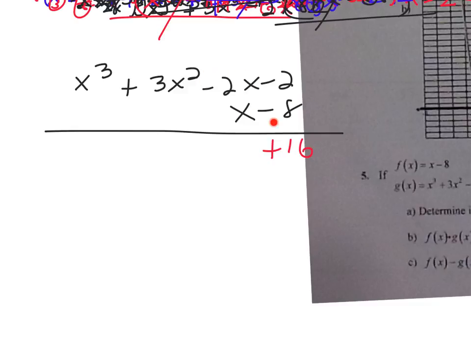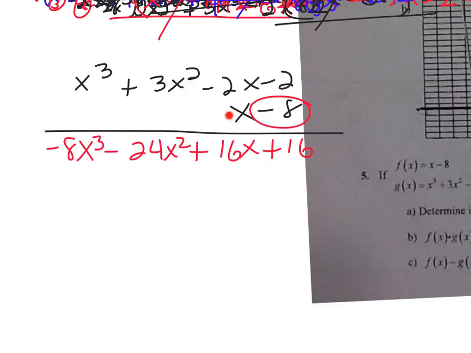Negative 8 times negative 2x is positive 16x. Negative 8 times positive 3x squared is negative 24x squared. Negative 8 times x to the third is negative 8x to the third.